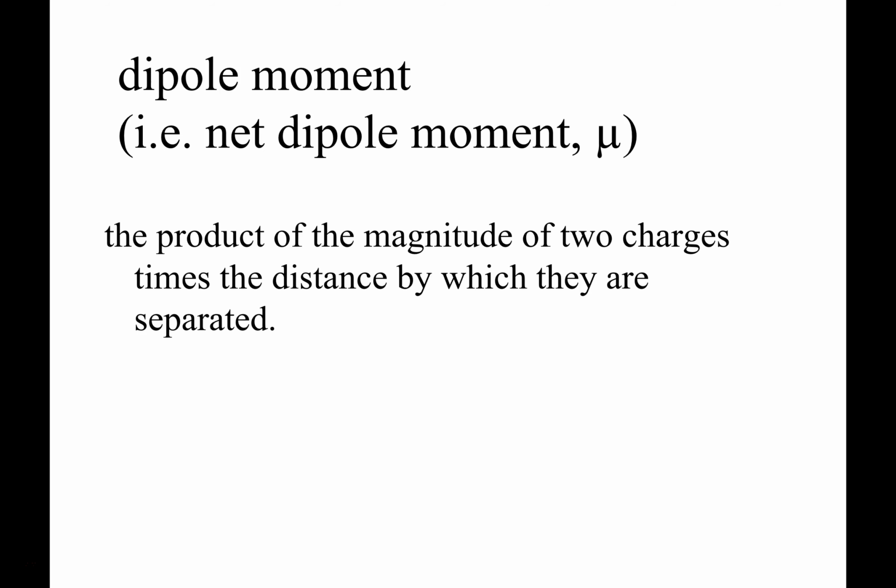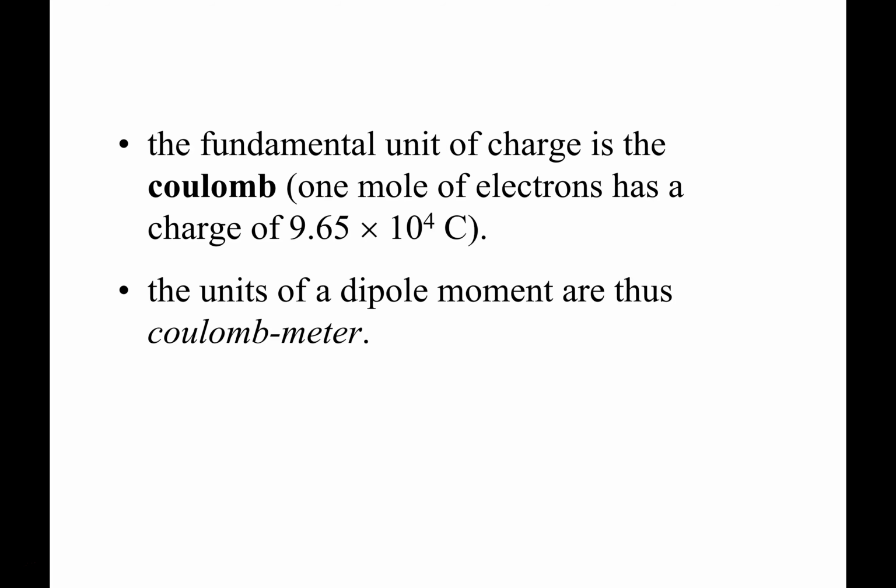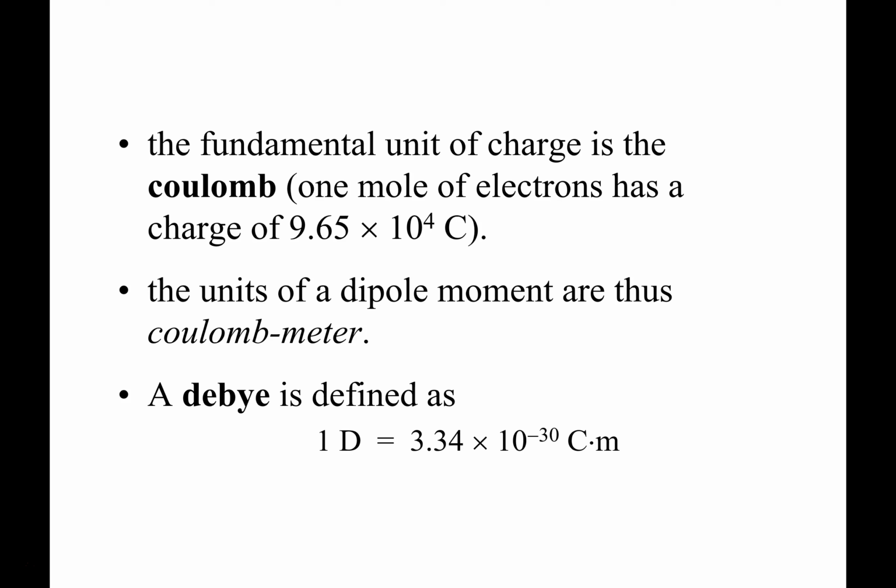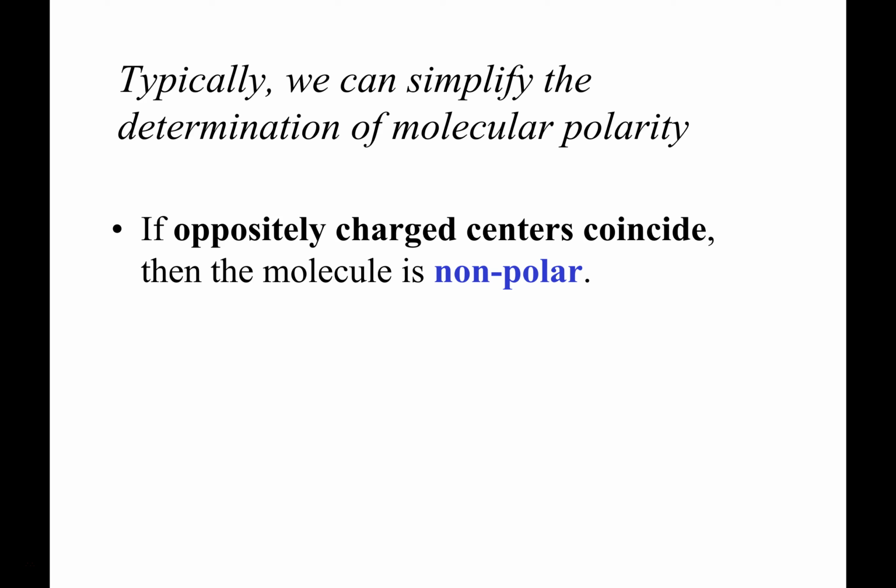Literally what you do is you take the two charges, you multiply them together, so your magnitude is the product of the two charges, and then you multiply by their distance. So the fundamental unit of charge is a coulomb, and then you add in distance there, so it's coulomb meter, which gives you a debye. So the debye is actually the unit for your net dipole moments, your individual polarities. Coulomb meters. Okay, now this is not blah blah.